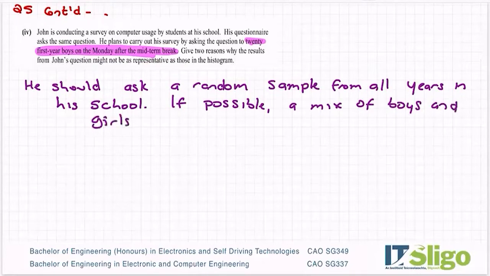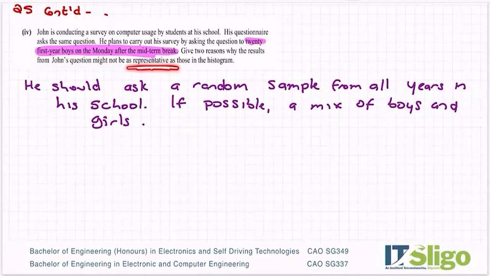Okay, why? Well, maybe first-year boys are not allowed on social media for a long length of time. Maybe leaving certs are allowed on it for longer. Maybe TYs are allowed on it the longest. Maybe first-year boys really like social media sites. Maybe they're on it longer. But by only asking first years, you don't get data that's what's called representative of the school.